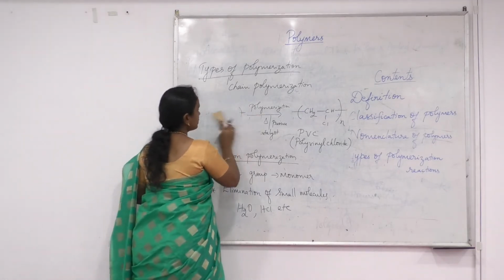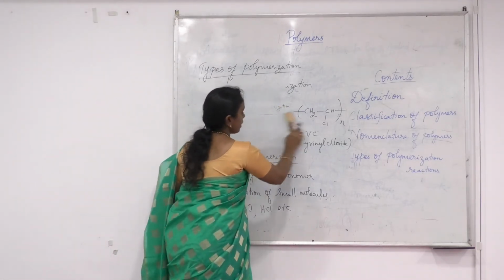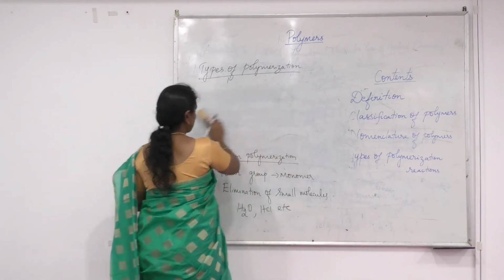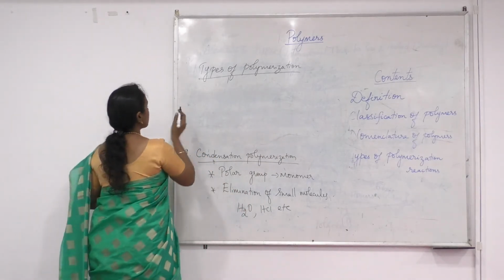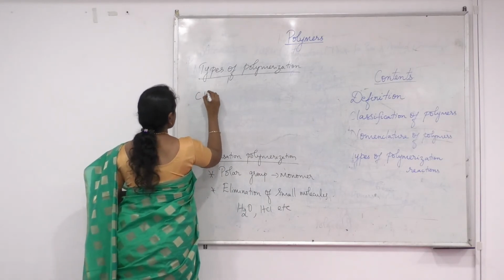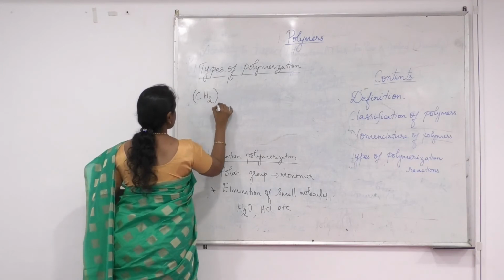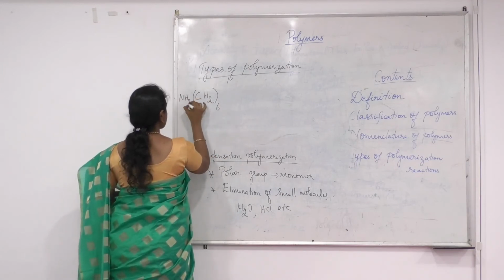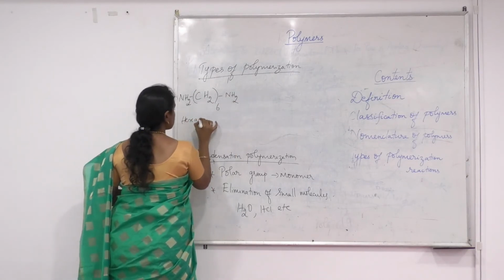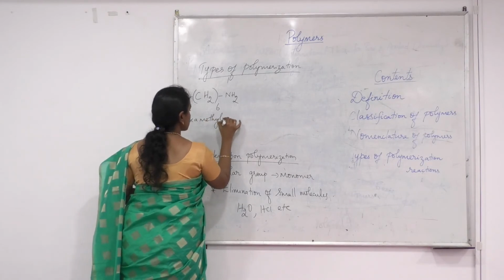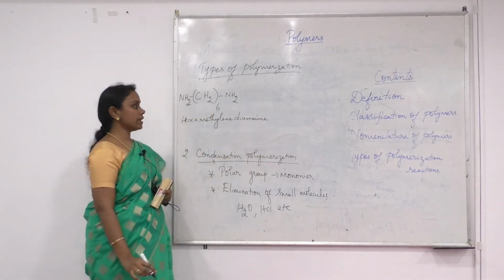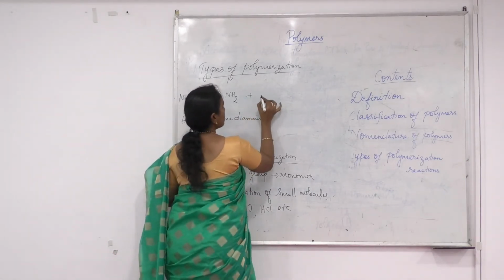A well-known example is the formation of nylon 6,6. What are the monomers involved in the formation of nylon 6,6? The monomers are hexamethylene diamine and adipic acid.